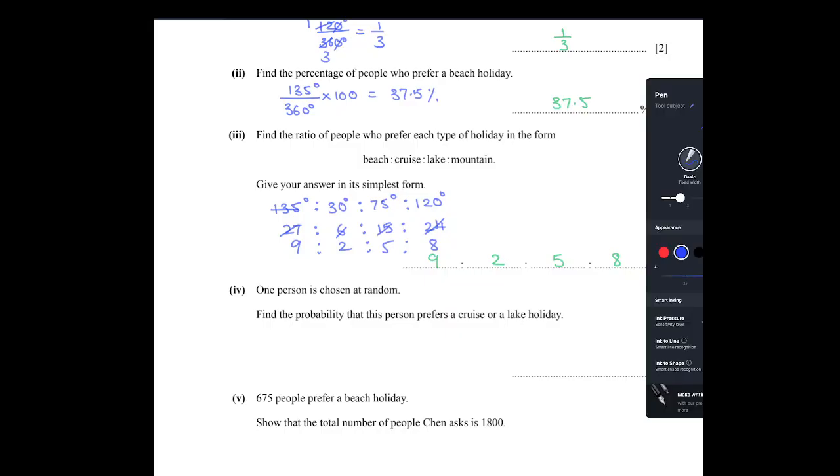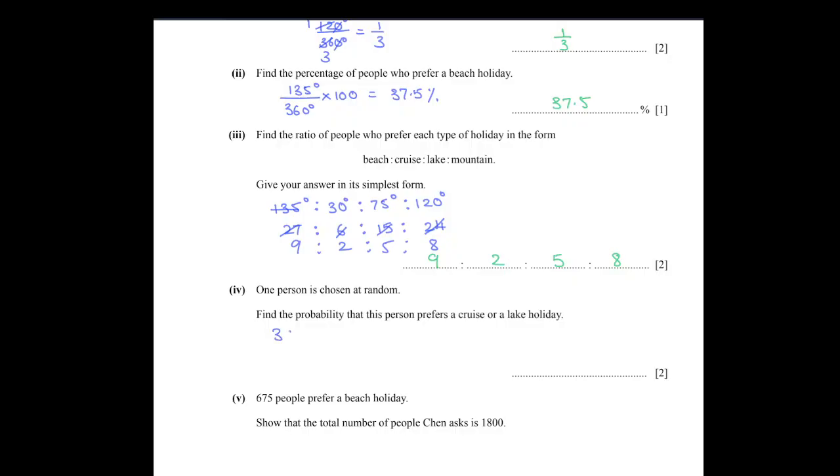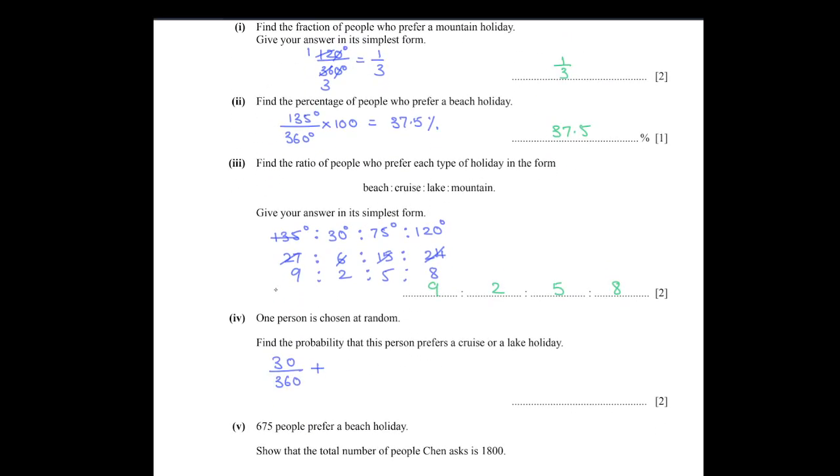So 30 by 360. This is cruise or lake. Lake is 75 by 360. So altogether your fraction will be 105 by 360. So this is the answer.